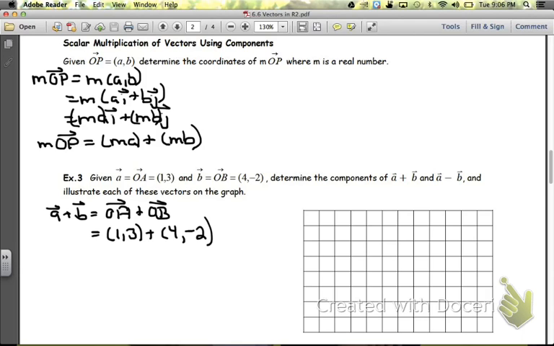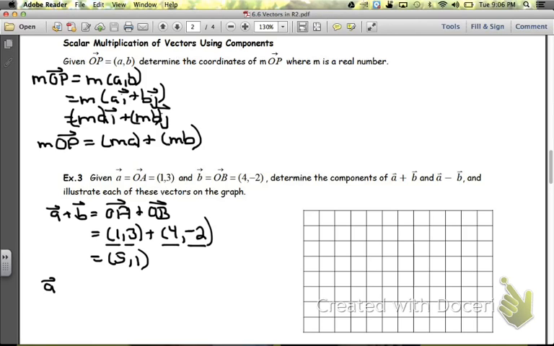We can just add these values together: 1 plus 4 gives us 5, and 3 plus negative 2 gives us 1.